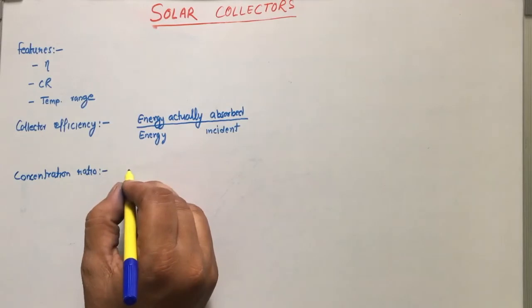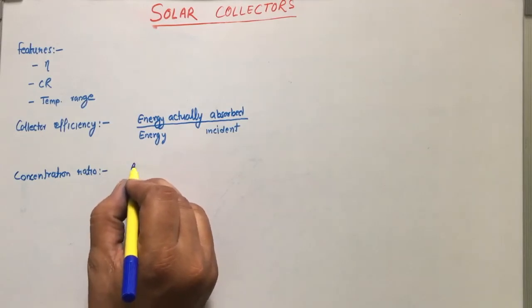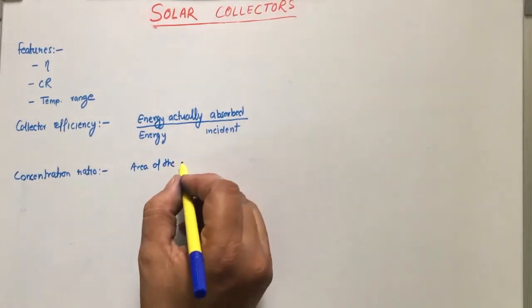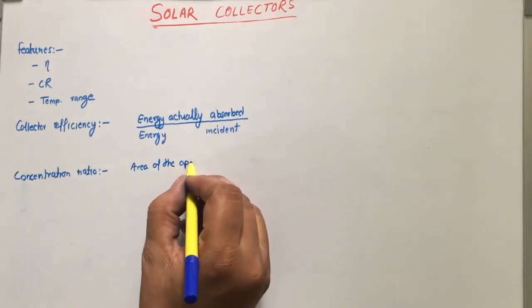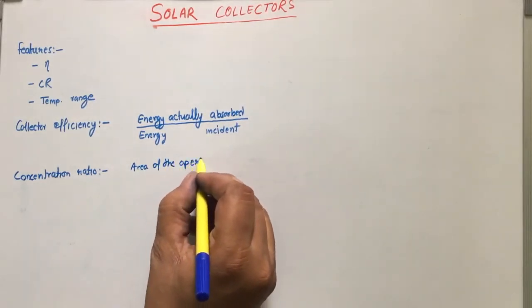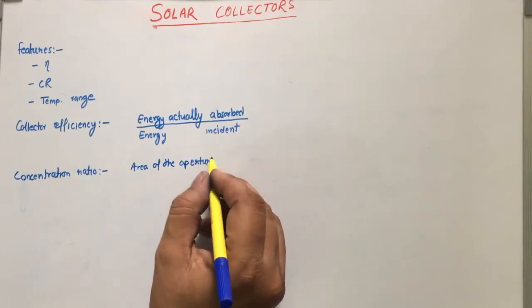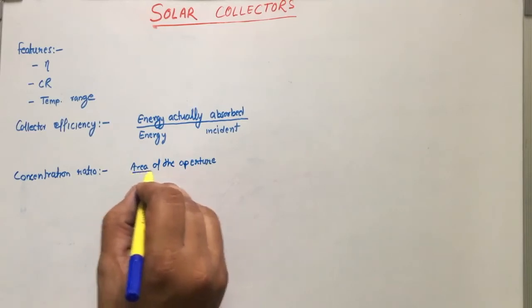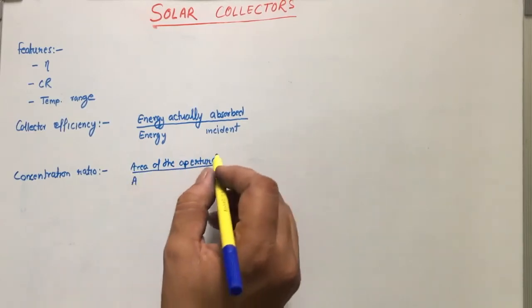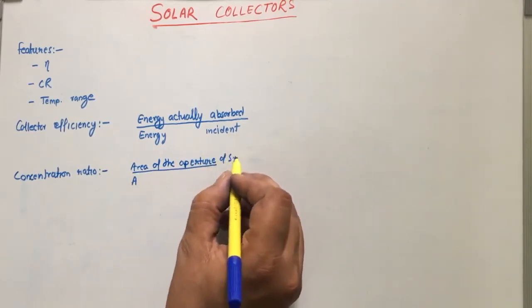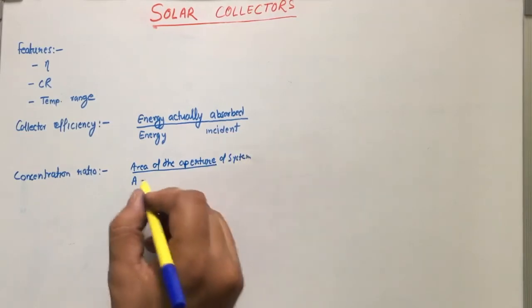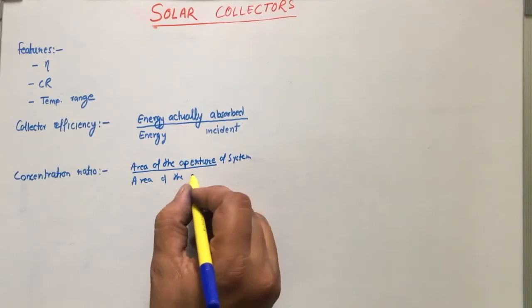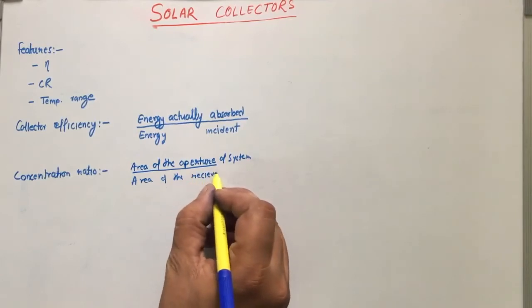So we can write area of aperture to the area of the receiver.